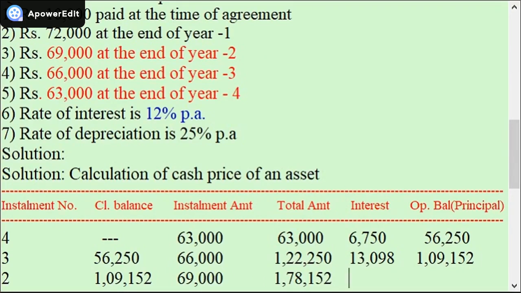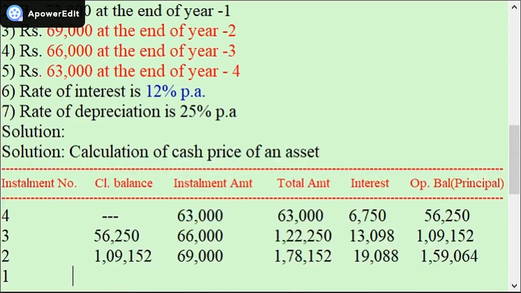So you have to multiply 12 divided by 112. So principal is 1,78,152 minus 19,088, which is 1,59,064. That's the opening balance of second year, which was the closing balance for first year.